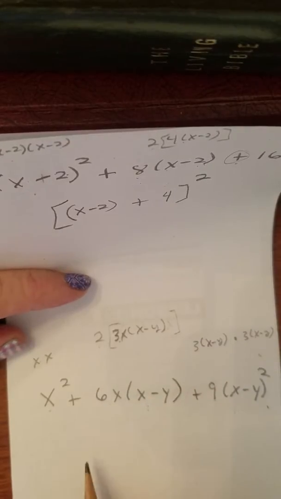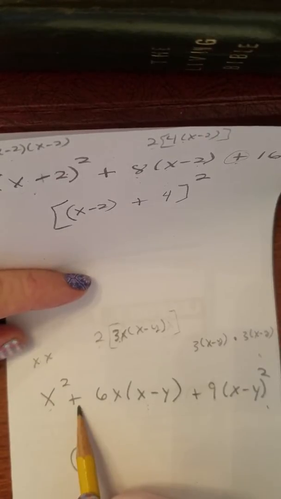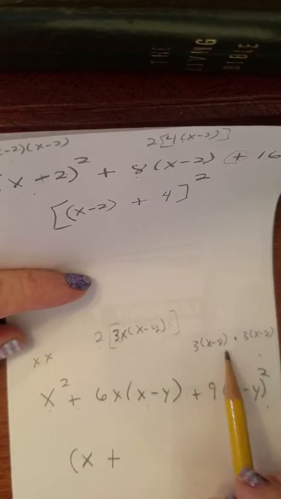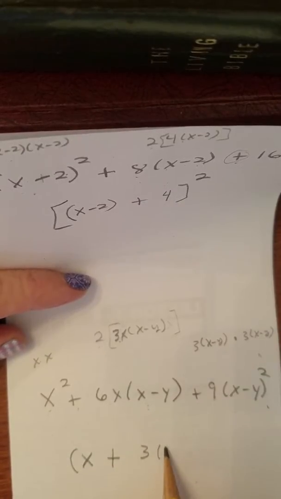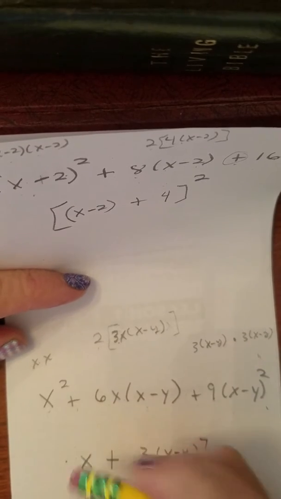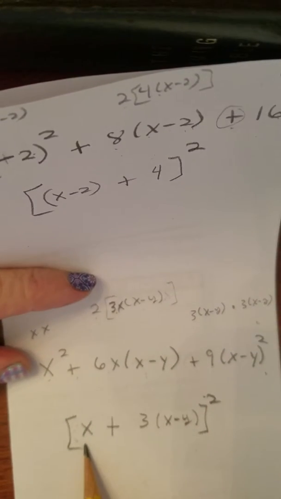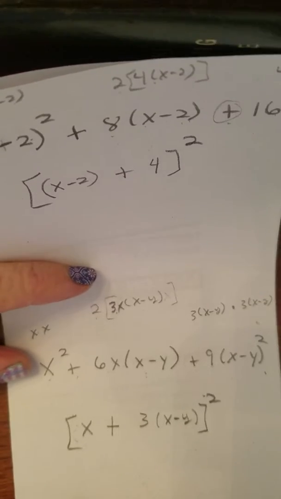So that means that my x, keep the sign of the middle term, and then here we had 3x minus y. And since these are already in parentheses, we're going to have to use brackets. That would be that squared. And this checks out.